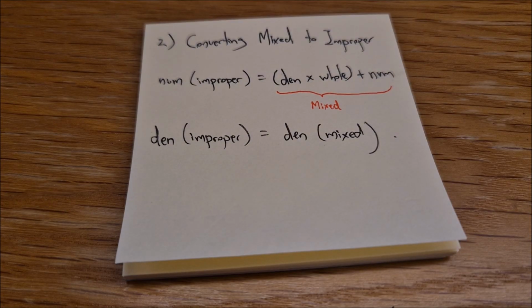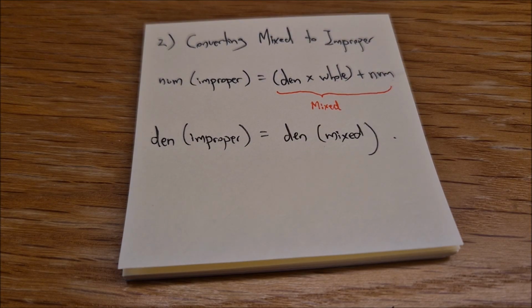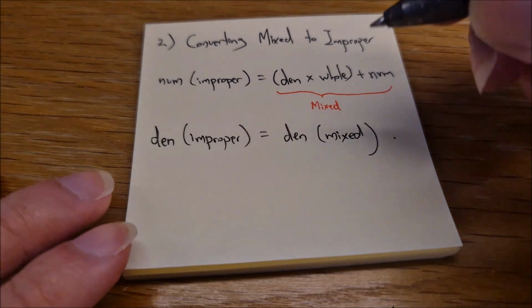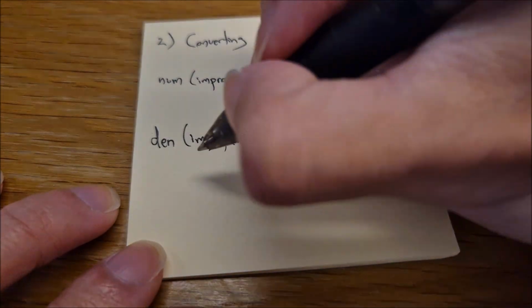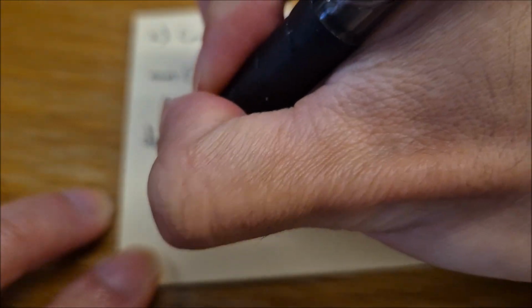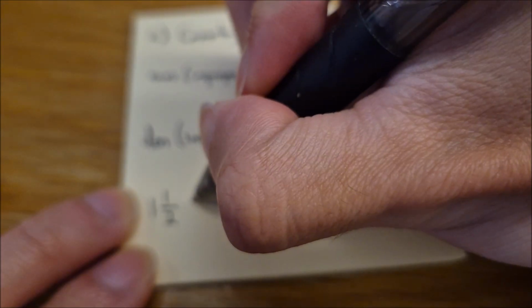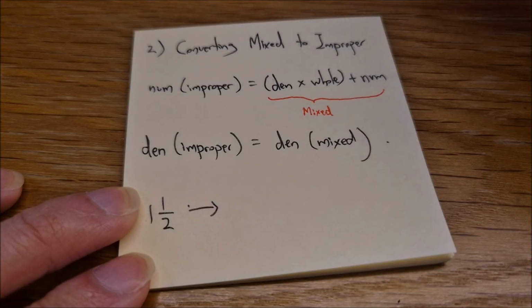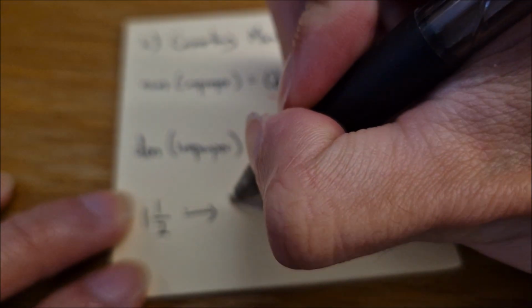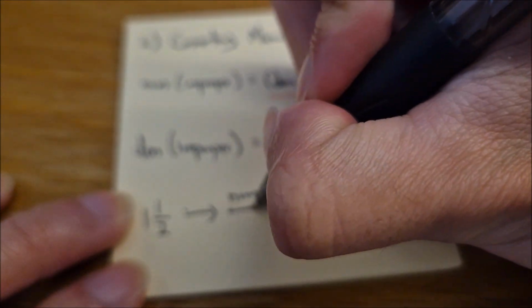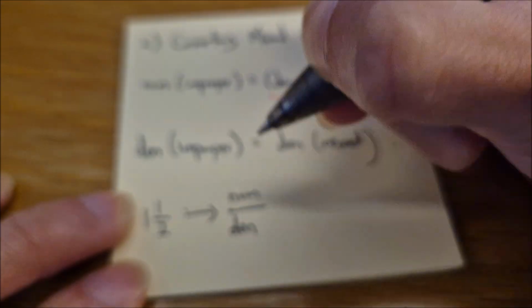Now, putting it in concrete terms, let's say we want to convert the mixed number from before, which was 1 and 1/2. And for clarity's sake, I'll just put numerator here and denominator.